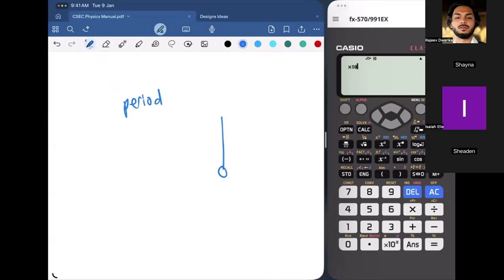Why would I want to measure multiple periods? Why would I time 50 periods and then find the average? What am I decreasing by doing that? If I take 50 periods and then find the average time period, what am I reducing there?